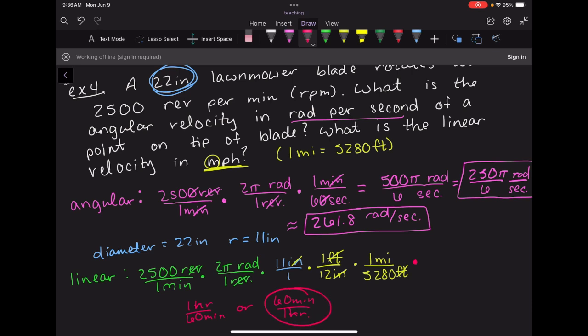I'm going to have to use the one with hours at the bottom. Sometimes maybe I need to just write it out. Maybe you might need to do that as well. So that's going to be 60 minutes over 1 hour. So that gets rid of my minutes. So now I'm just checking. If I look across the top, I see radians, which is good, and I see miles, which is good. At the bottom, I have hours. So this is good. I'm in the correct unit.